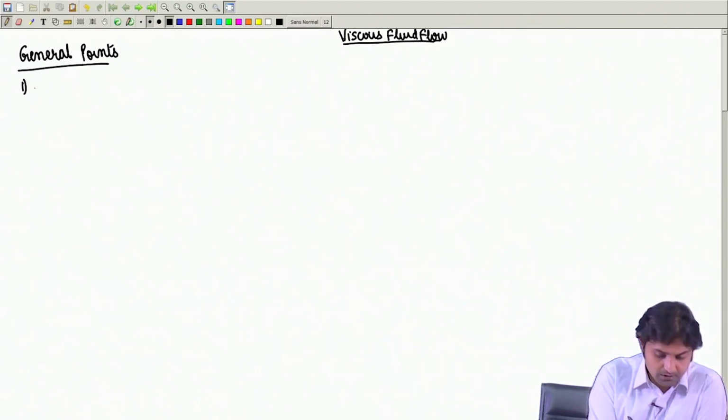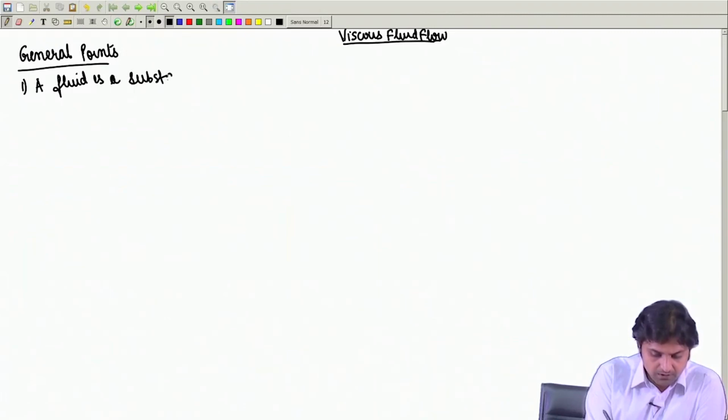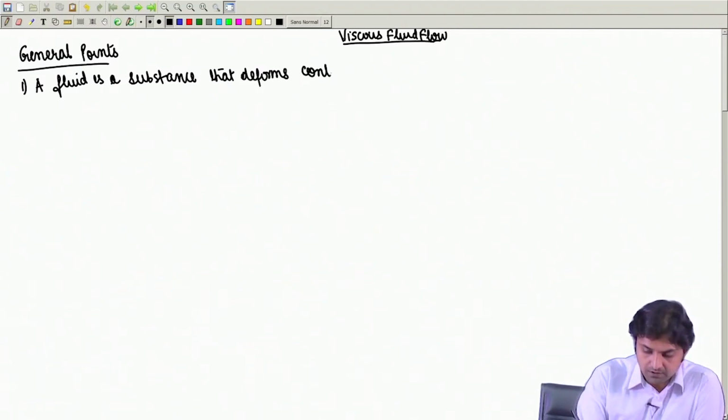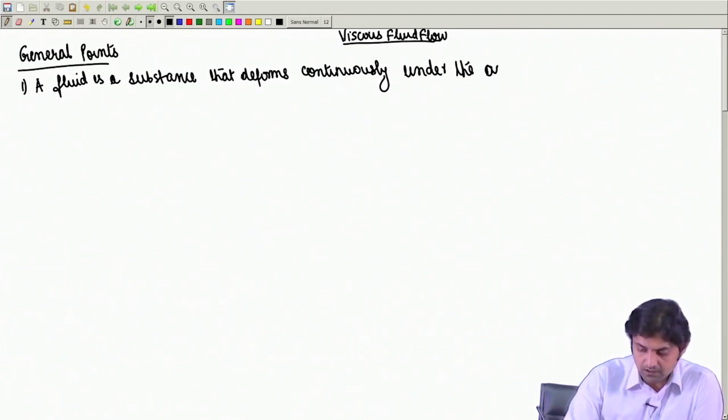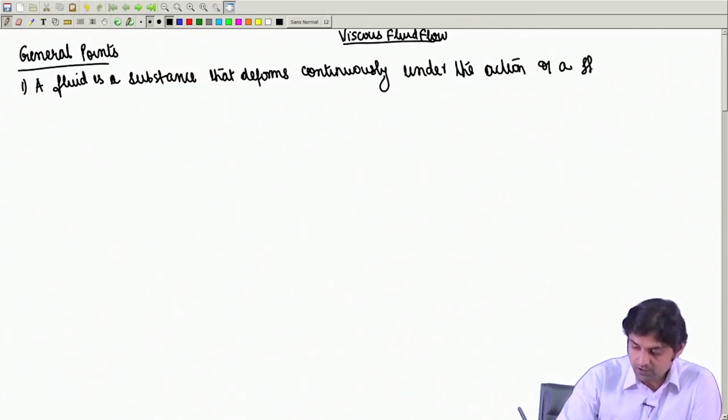One is a fluid is a substance that deforms continuously under the action of a shear force.